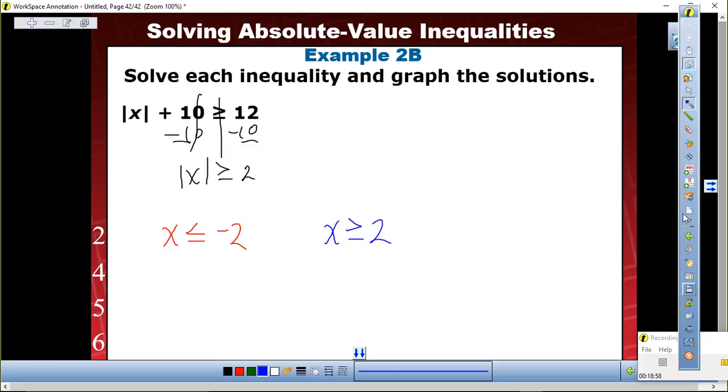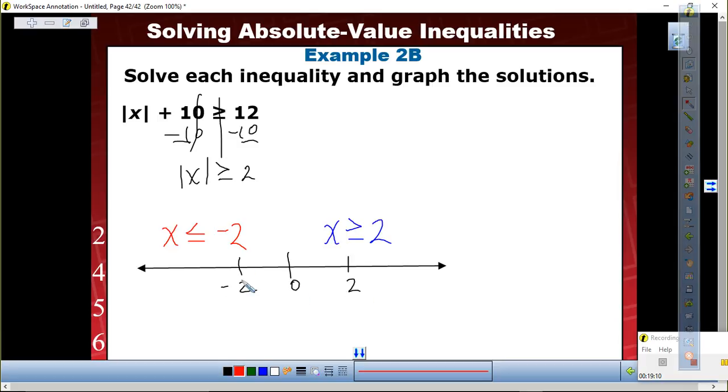Hands if you got up to right there by yourself. Okay, good. Continue, Melanie. Help me graph it. What do I do here? Solid point because it includes it in the solution, and then this one.